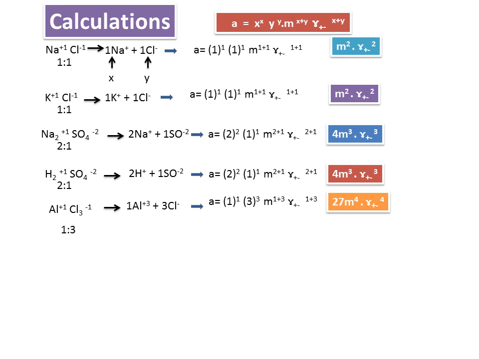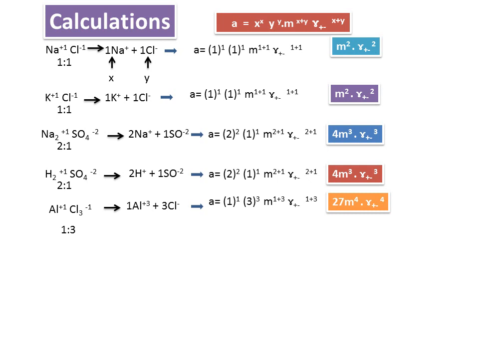Next is sodium sulfate. When it is dissolved, it gives 2 moles of cation and 1 mole of sulfate anion. The ratio of x and y is 2 and 1. When we put the values of x and y in the formula, we get the value of A as 4m cube into gamma positive negative cube.